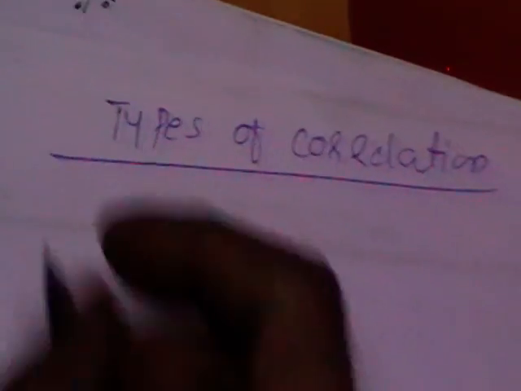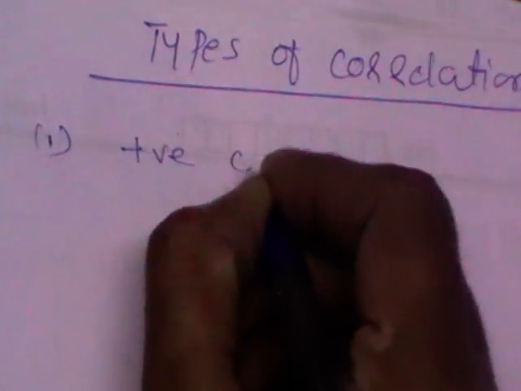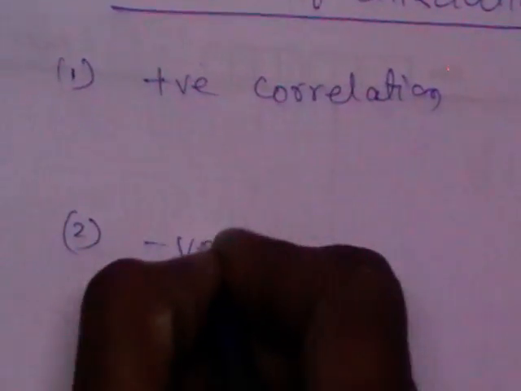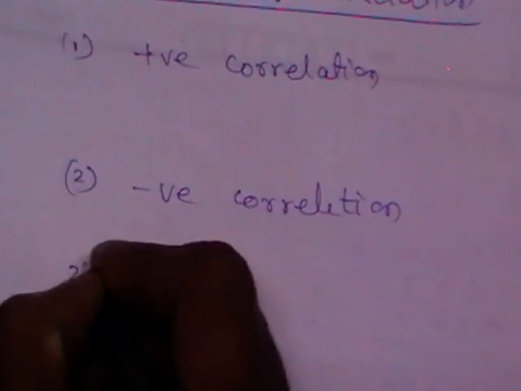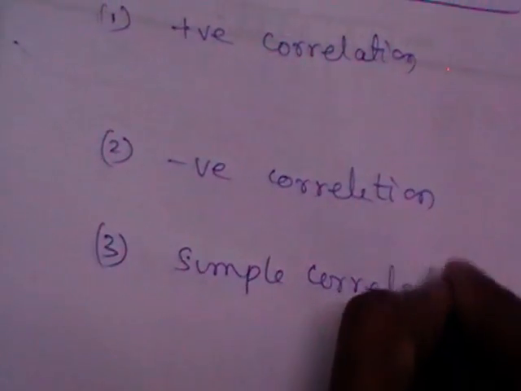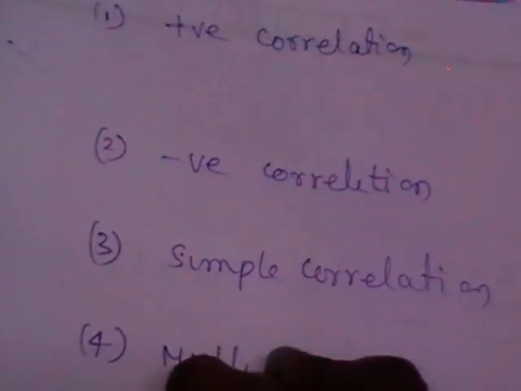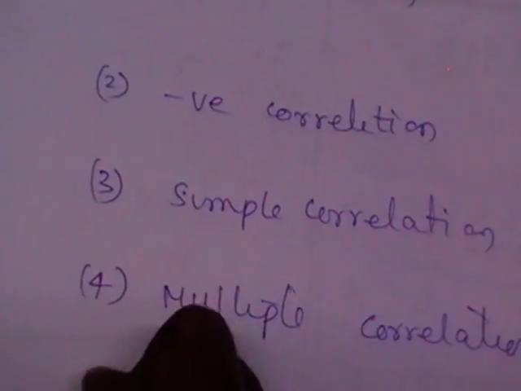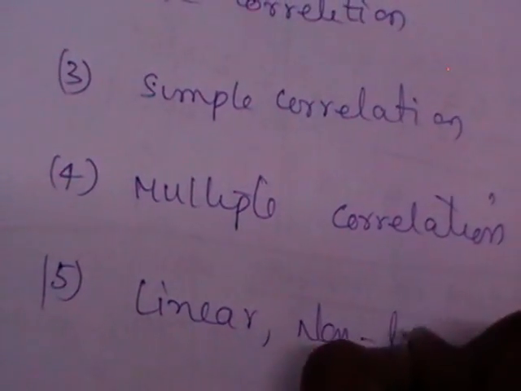Discuss types of correlation. We have four types of correlation. Those are positive correlation, negative correlation, simple correlation, multiple correlation, linear, non-linear correlation.